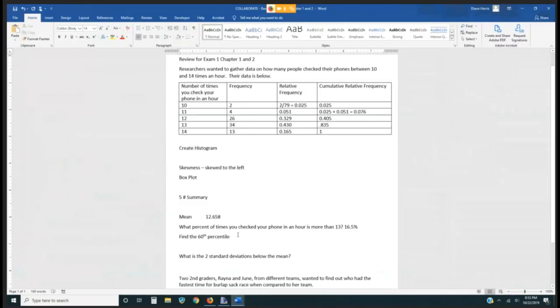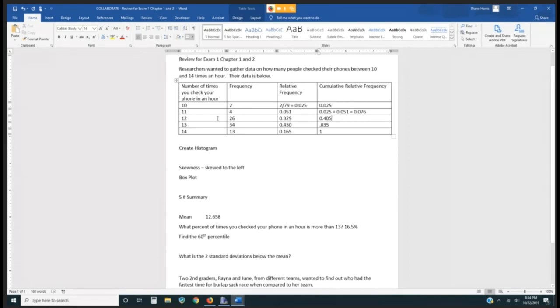Next, it asks us to find the 60th percentile. So we're going to go up here, knowing that we are going to use the cumulative relative frequency for this. So we're looking for the 60th percentile.